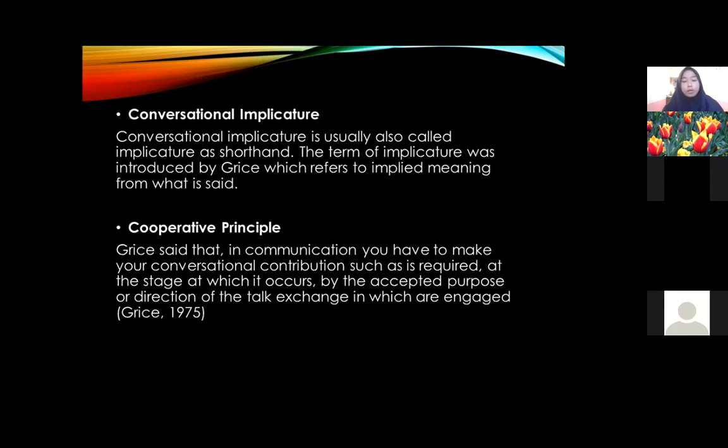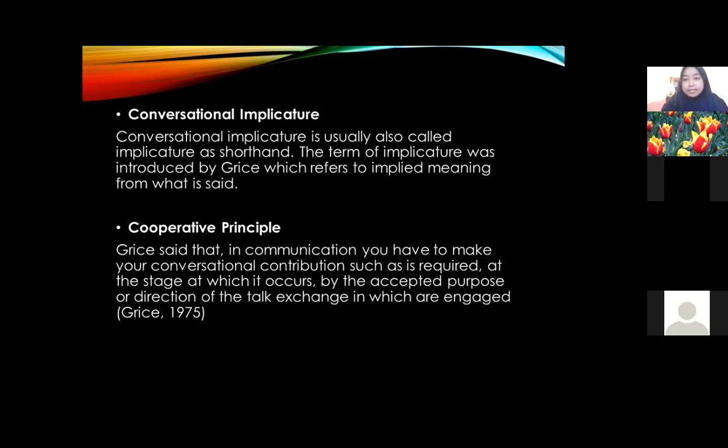The rules are the maxim of quantity, the maxim of quality, the maxim of manner, and the maxim of relation. These four rules have their respective explanations, but the core of these rules more or less sounds like this: what we're trying to say or convey must be solid, must be characterized, and must be clear, in order to be understood well by the speech partner.